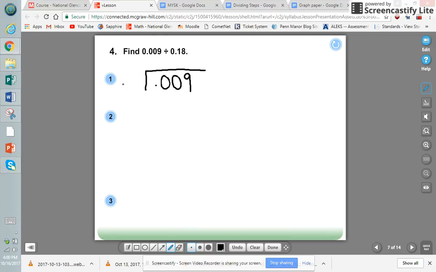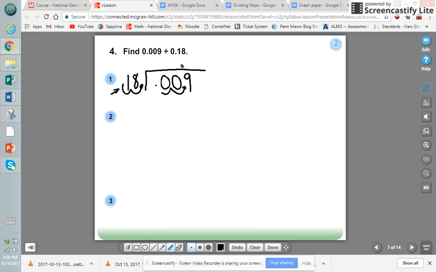We have 18 hundredths. Now, on that last screen, we had to change a tenth to a whole number. Well, in this case, we're going to change a hundredth to a whole number by bouncing not once, but twice. And now I have 18 right there. Now, if I do it over here in our divisor, the dividend also has to have a bounce, bounce. And our new location of our decimal is right there.